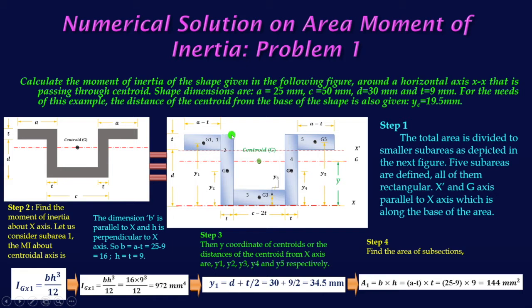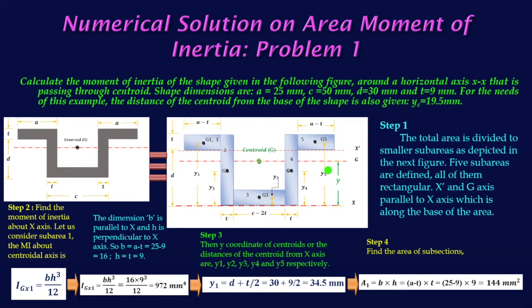Similarly, area 2 is another rectangle and the center is at the middle. The distance of the y coordinate of the centroid of this section G2 is y2. And likewise, this is section 3 or area 3, this is area 4, this is area 5. For all these individual areas, we can get the y coordinate of the centroid, y1, y2, y3, y4 and y5.